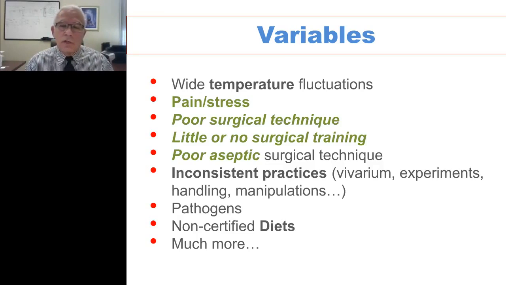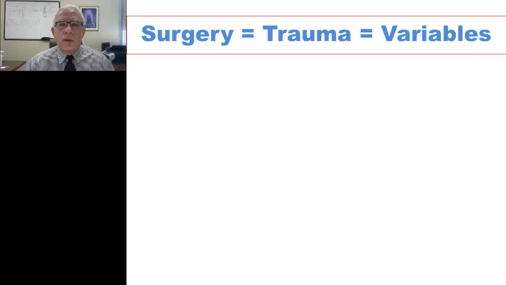Investigators that are doing these procedures with very poor training are causing a lot of tissue damage, and we'll go into that a little bit later. Others are the use of poor sterile technique, inconsistent practices, pathogens in the environment, etc. So we're focusing in this presentation more on surgical trauma. So let's talk about surgery.